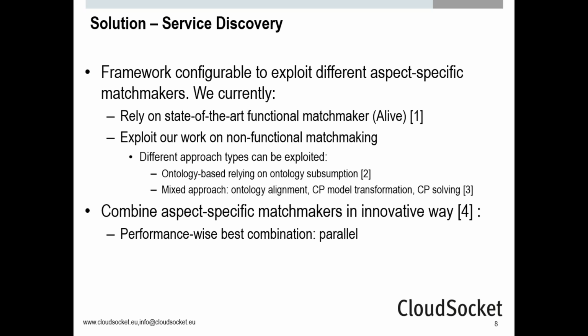Actually, in our implementation, we allow the user, in a configurable way, to specify which composition is desired. So we can have sequential compositions, parallel compositions, and some more advanced kinds of compositions for the aspect-specific matchmaking.